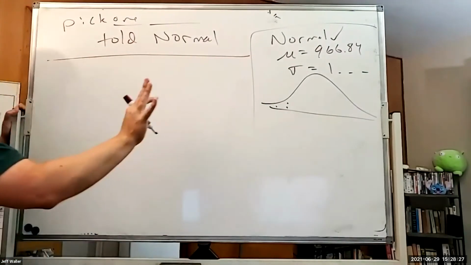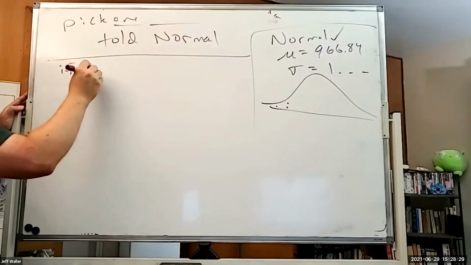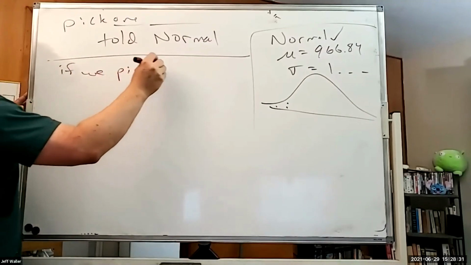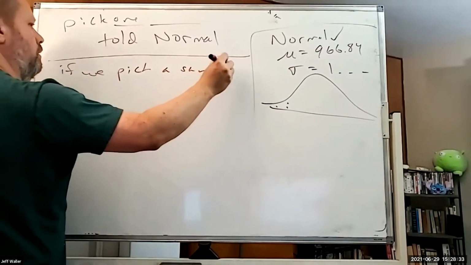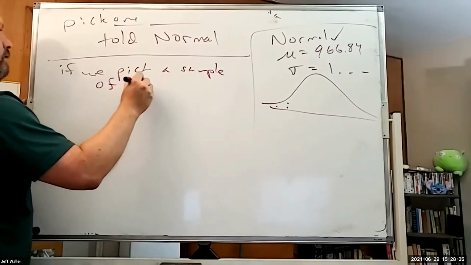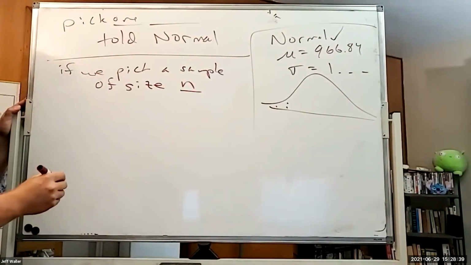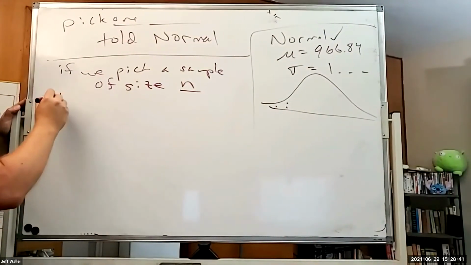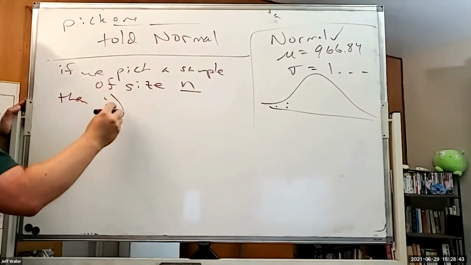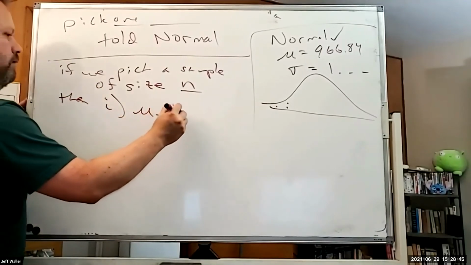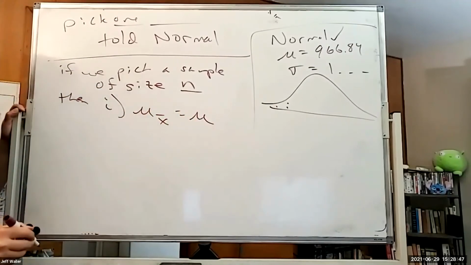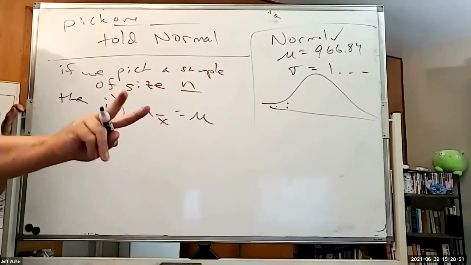Okay. So if we pick a sample of size n, then several things. The mean stays the same. That's like taking one or two of you guys at a time.